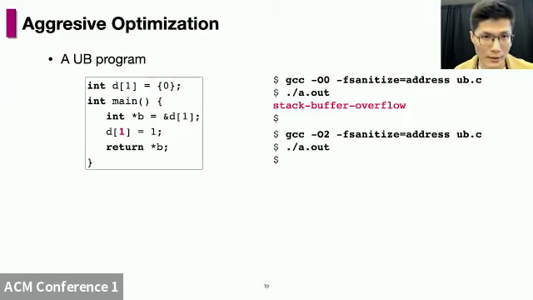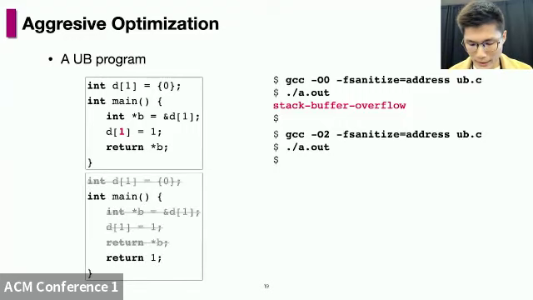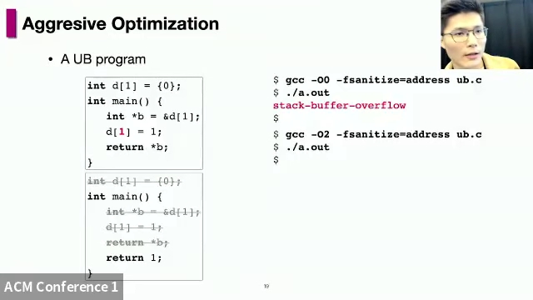Unfortunately, this is not a sanitizer bug, because the compilers have all kinds of optimizations. What is truly happening is that the compiler, like GCC, optimizes this program to make it a super simple program, such as returning one directly. So in this case, there's no bug in the final program received by the sanitizer.